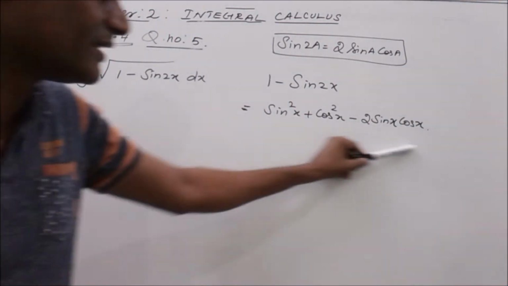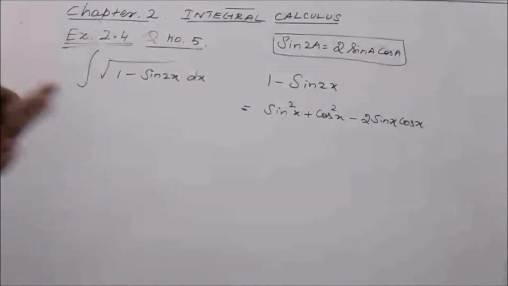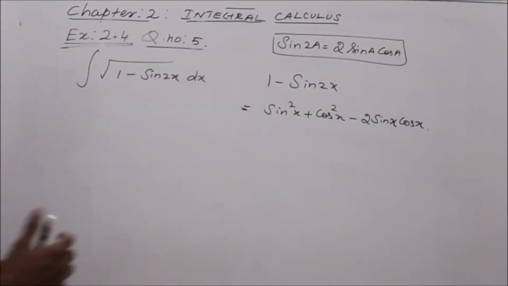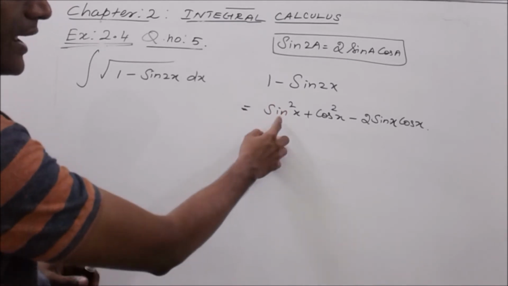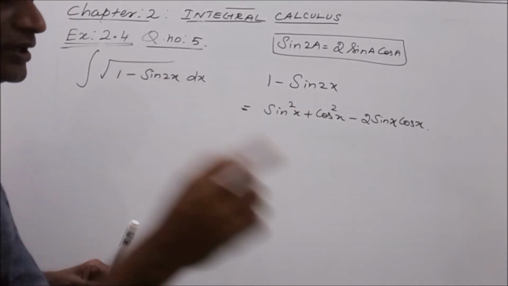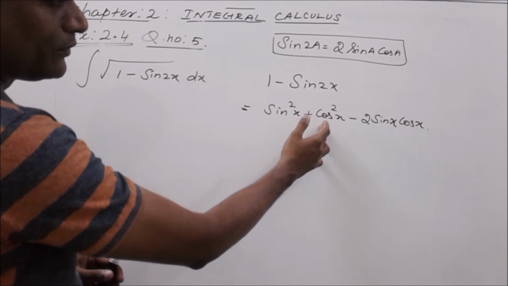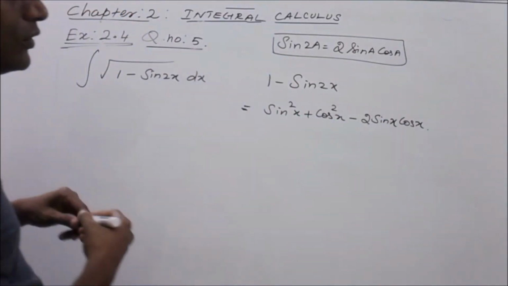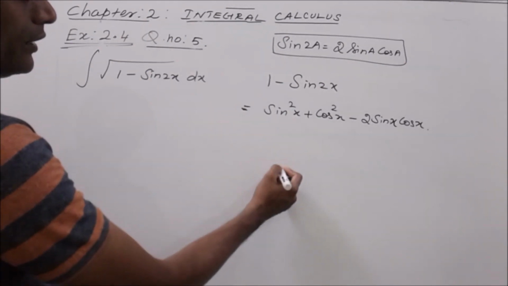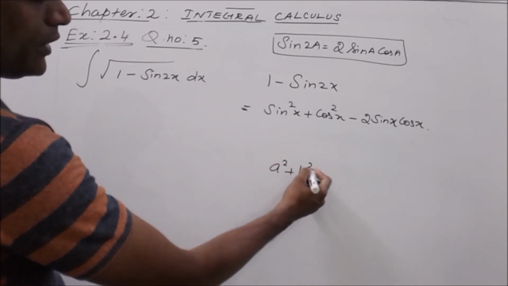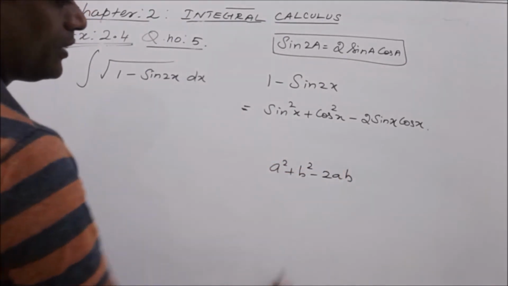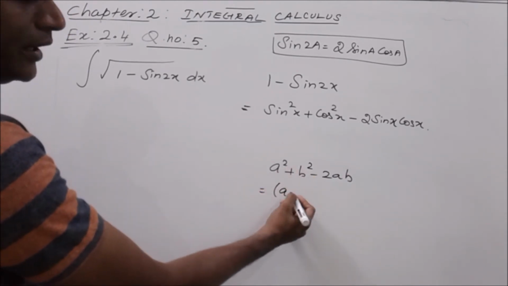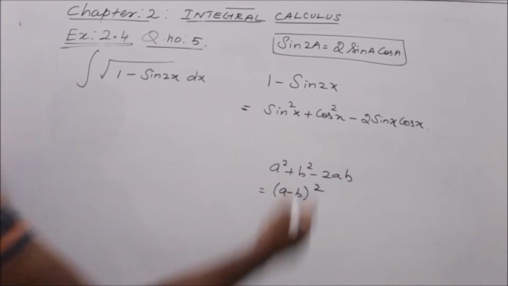Now look at the second step. It is in the form of an identity. If you take sin x as a, cos x as b, it is a square plus b square minus 2ab, which is equal to a minus b whole square.